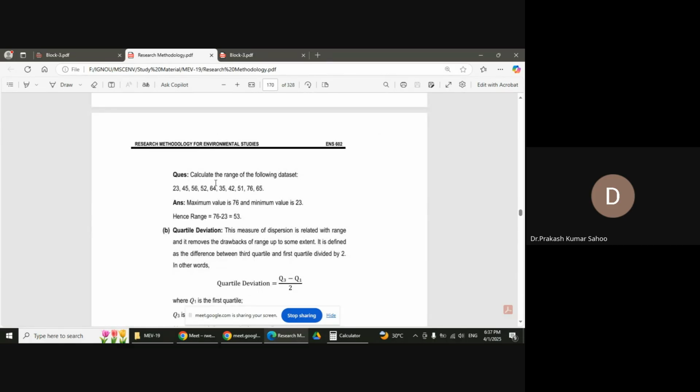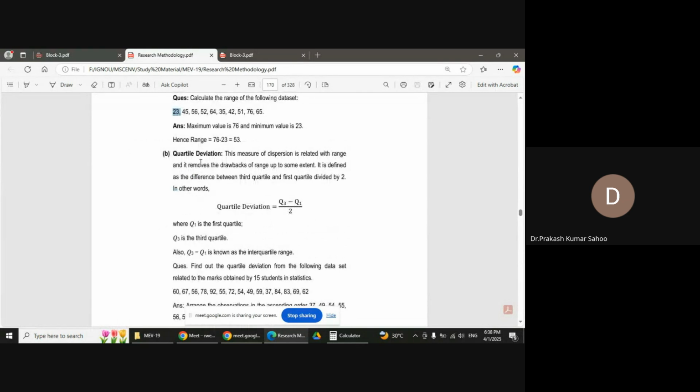Just see here, I have this set of data, and I think it is not in ascending order, it is in shuffled order. The maximum value is 76 here, the minimum value is 23, so range will be highest value minus lowest value, so it is 53.